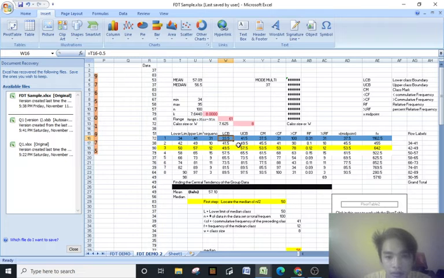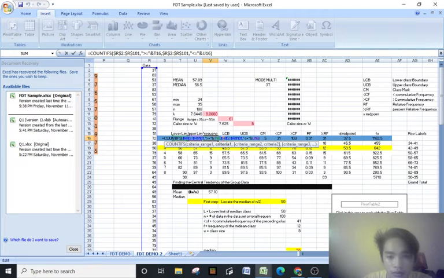Click enter and it generates 31, and so on. Do it and copy paste also. Don't forget to lock it, then enter.